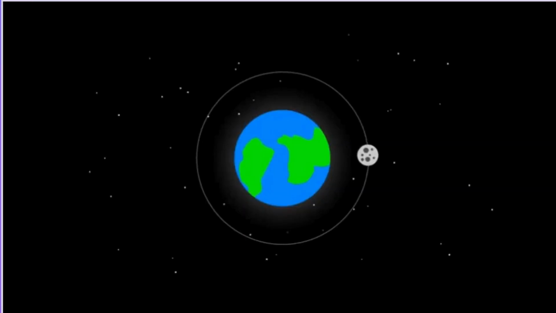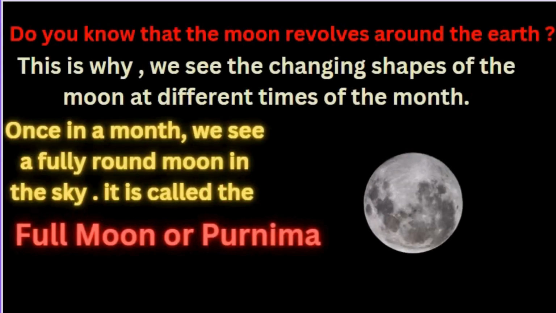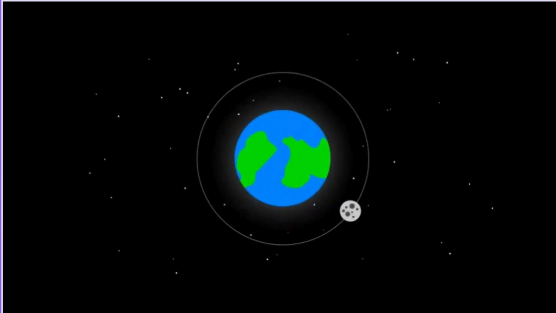Here we can see how the moon is revolving around the earth. Do you know that the moon revolves around the earth? That we have seen. See how the moon is revolving around the earth.